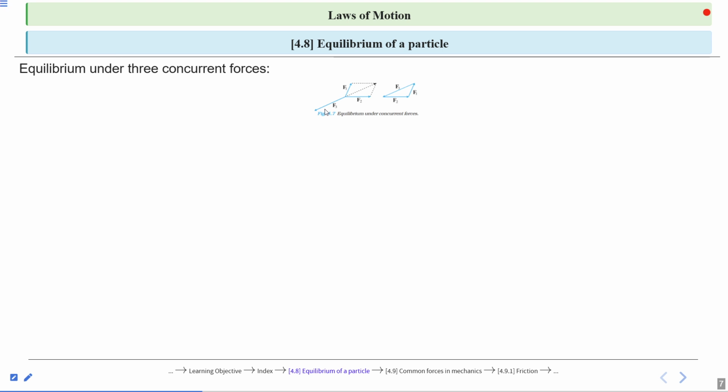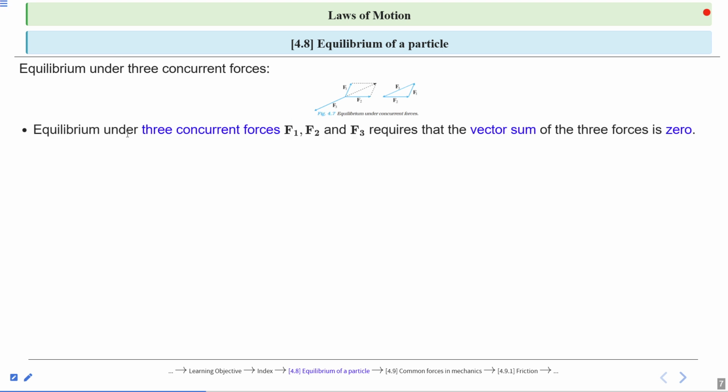Equilibrium under three concurrent forces F1, F2 and F3 requires that the vector sum of the three forces is 0. So we know, for the equilibrium condition, the net force on a system, or on a particle, should be 0.